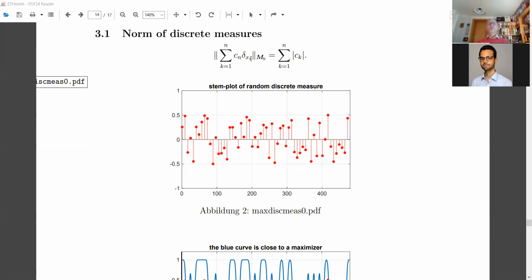Of course, in the finite dimensional setting, it's clear, but how can we determine the functional norm? So remember, if somebody is giving you a linear functional, it's a thing which maps signals into the real or complex numbers. And then the question is, what is the size of such a linear functional?